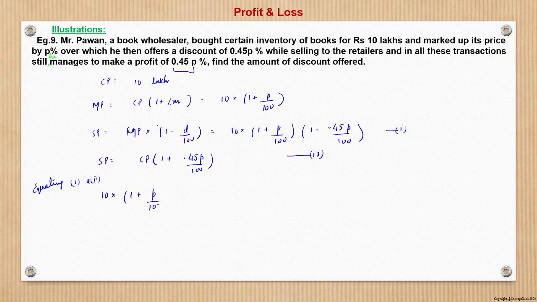Equating 1 and 2, we get 10 into 1 plus P by 100, into 1 minus 0.45P by 100, is equal to CP, which is 10 here, 10 into 1 plus 0.45P upon 100, right?